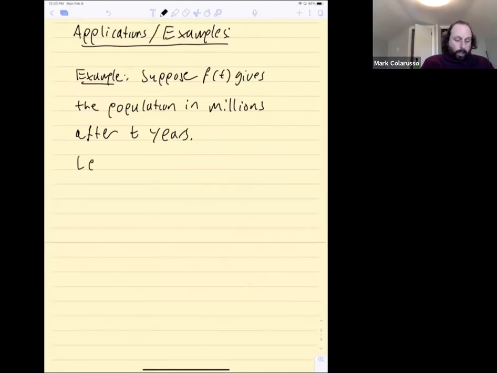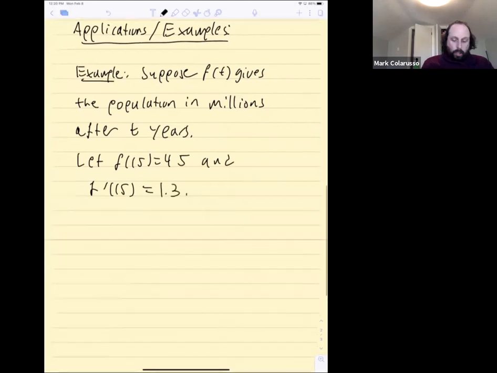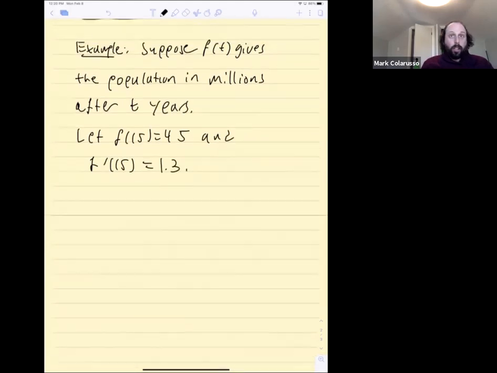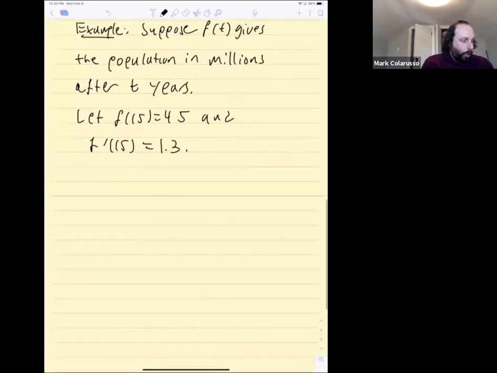And let f of 15 equal 45 and f prime of 15 equal 1.3. And we want to answer the following questions.